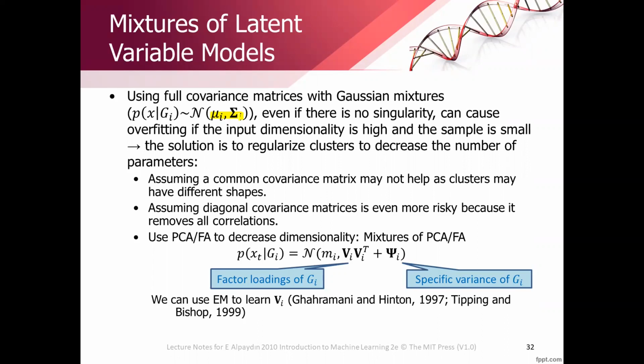So such a cluster can be an ellipse, and we have several such ellipses corresponding to different clusters. Even we could assume that they are rotated, but if we assume that they have the same dispersion, this corresponds to the same covariance matrix.